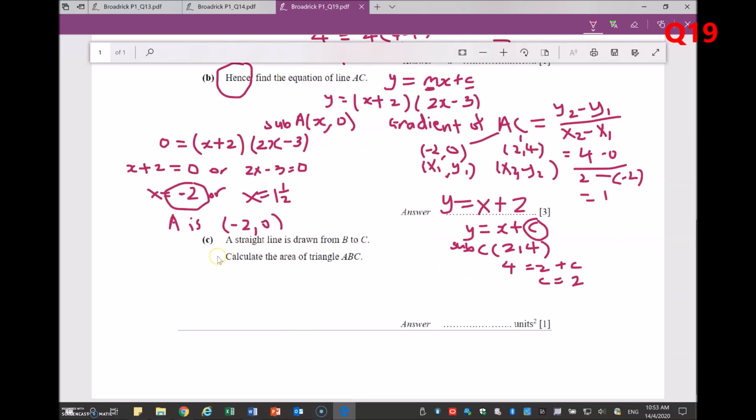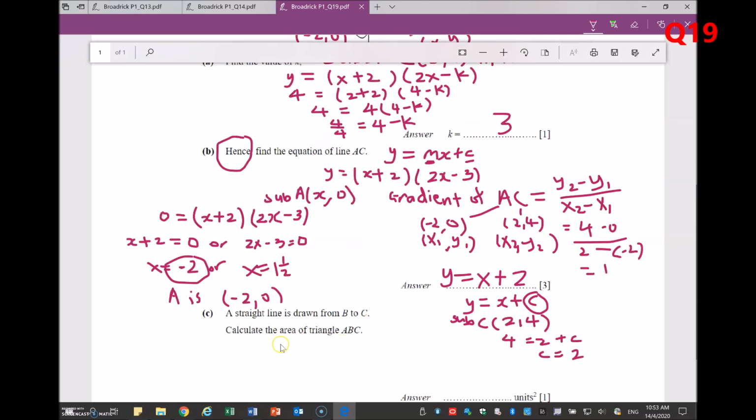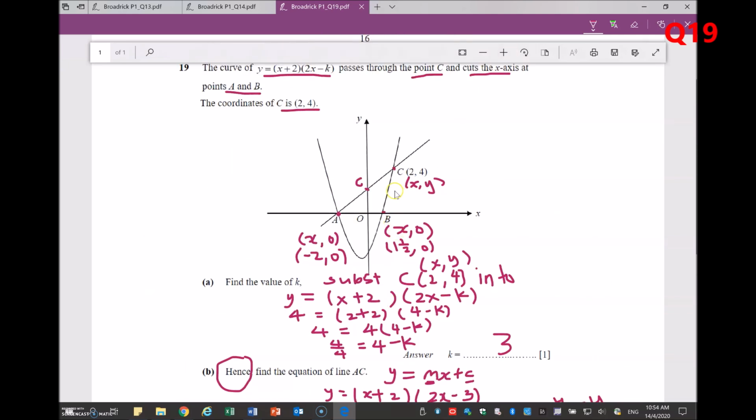Now let's look at part C. Part C says that a straight line is drawn from B to C, and I have to find the area of the triangle ABC. The area of triangle ABC. Let me draw the straight line from B to C now.